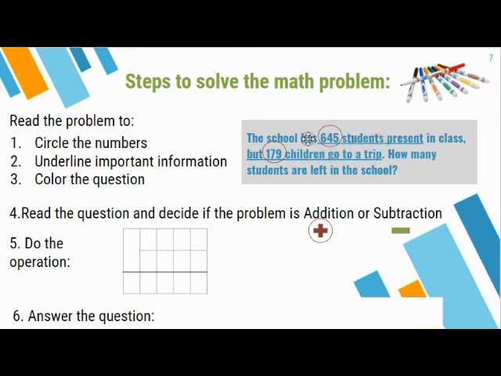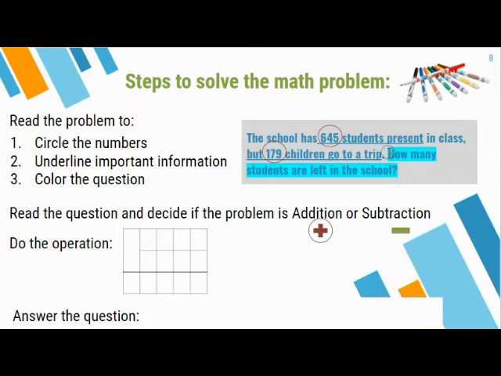So this is the original number of students, but a group is going out of the school. Next, you need to color the question. The question is, how many students are left in the school?